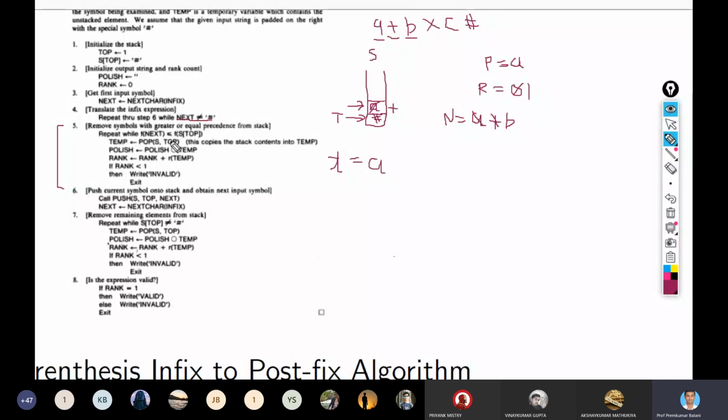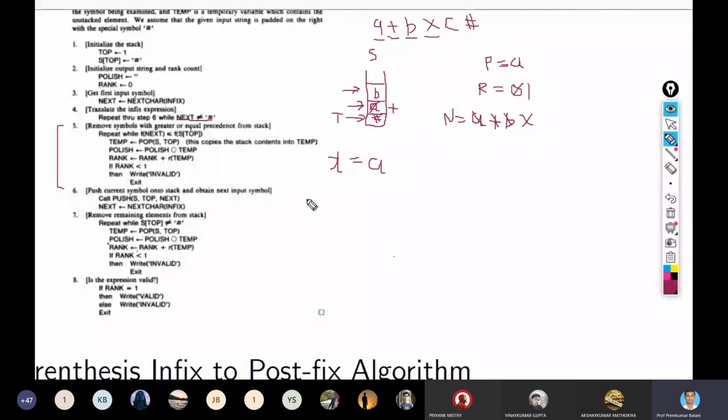So we go to the sixth step and push it, so this b is pushed here. One more entry is created in the stack, and now my top of stack would be 3. Push it, and next is the next character from the infix, that is multiplication. So b is removed and I have multiplication as the next character.